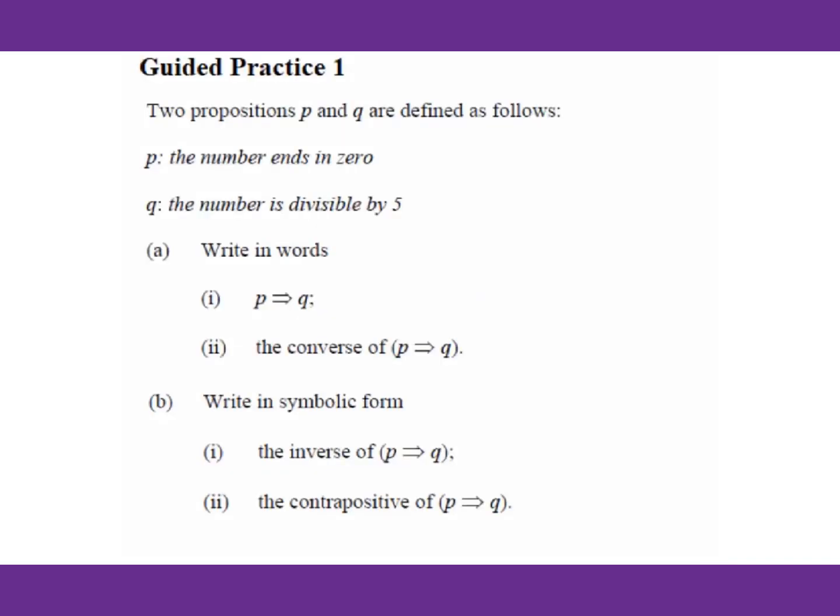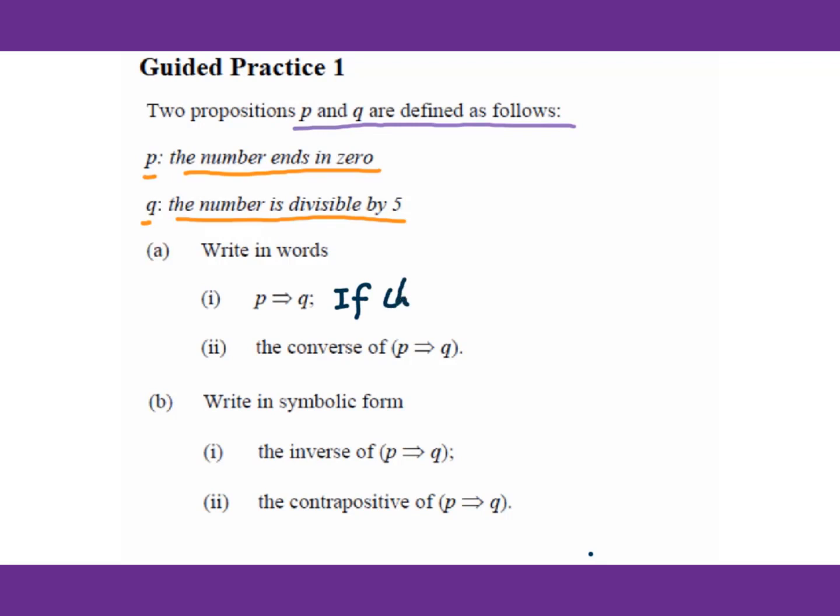Guided practice 1. Two propositions P and Q are defined as follows. P, the number ends in 0. Q, the number is divisible by 5. Write in words P implies Q. So we use an if then statement.